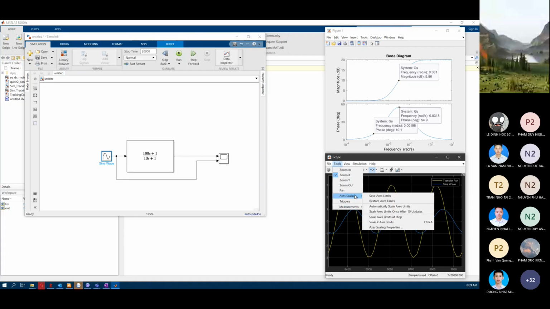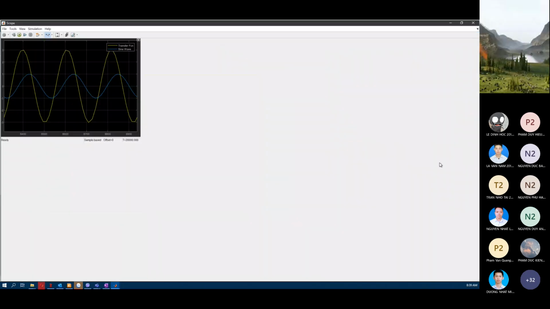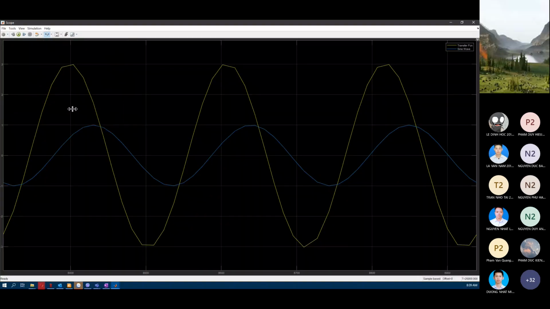Where is this? We don't have any here. So we see here the amplitude of the yellow one is about 3, right? See? Here, the amplitude is almost 3, compared to the amplitude of the input, which is 1.